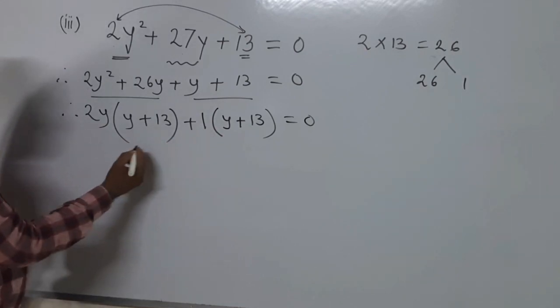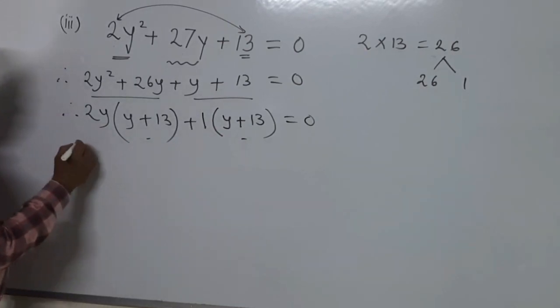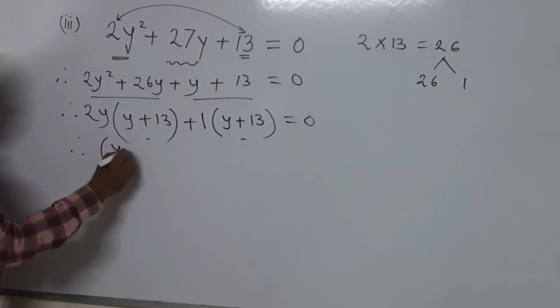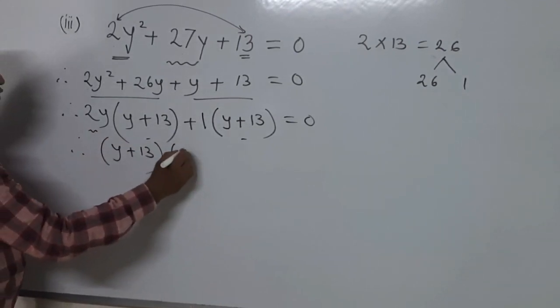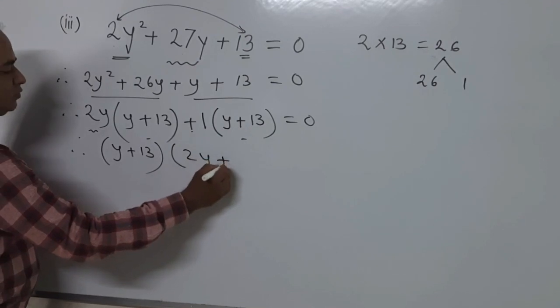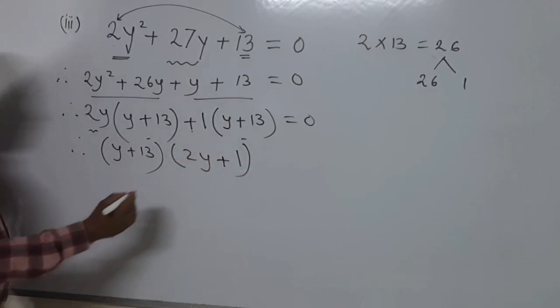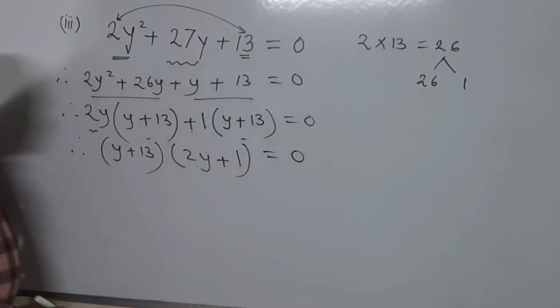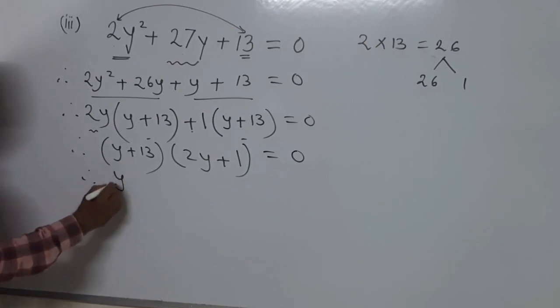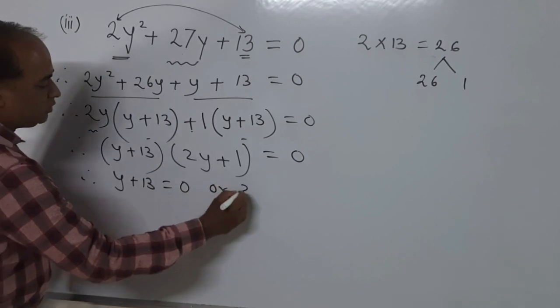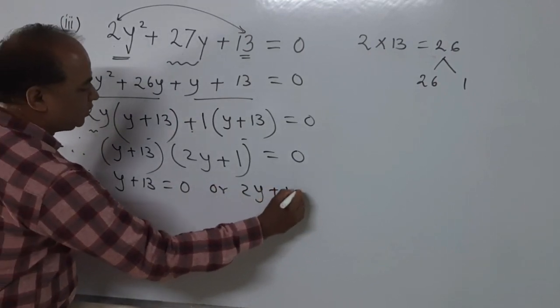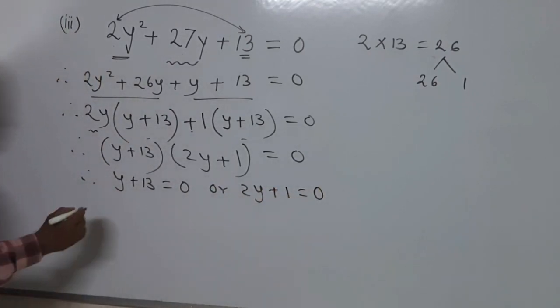Now y plus 13 is common. So take in the first bracket y plus 13, and in the second bracket 2y plus 1, is equal to 0. Therefore y plus 13 is equal to 0, or 2y plus 1 is equal to 0.